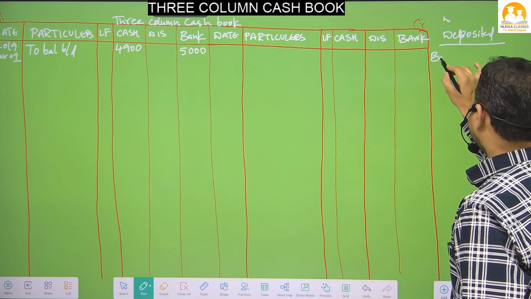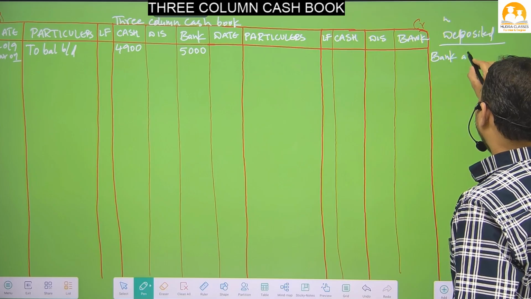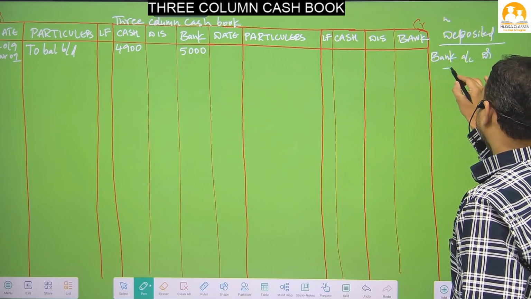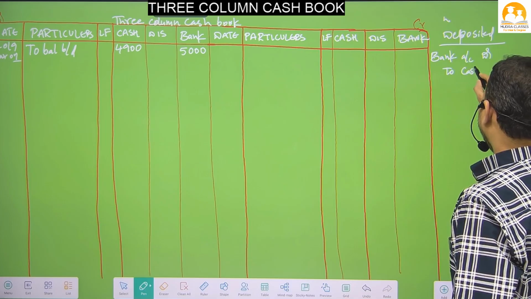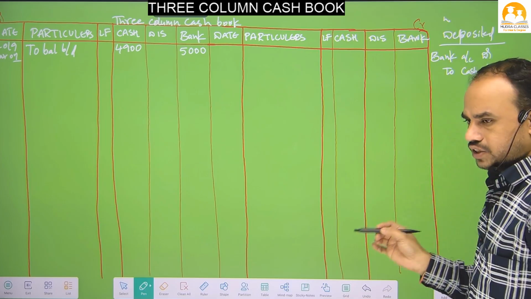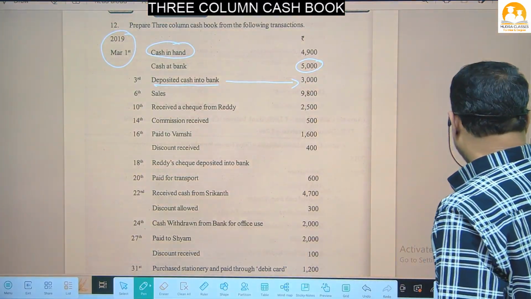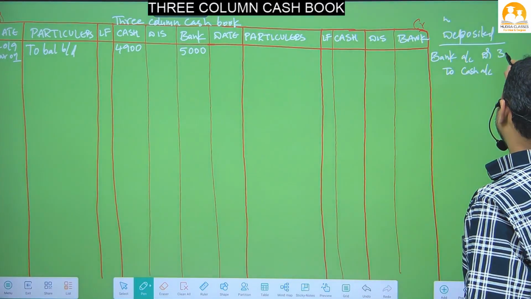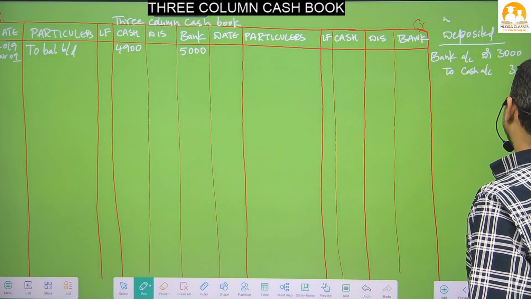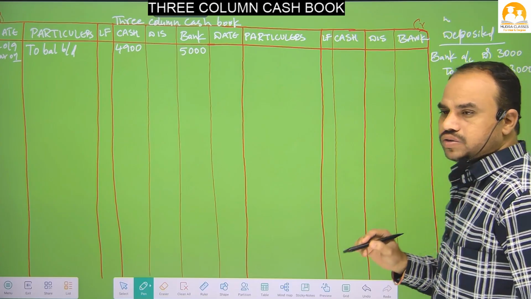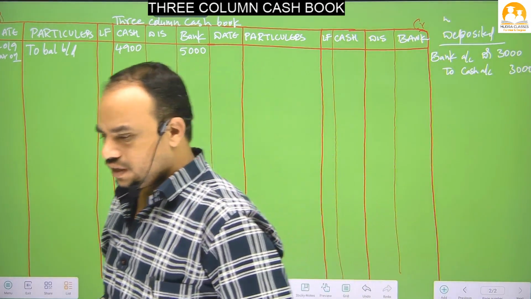Immediately we have to write the journal entry: bank account debit to cash account. This is the journal entry when cash is deposited into bank. How much cash did we deposit here? 3,000. So debit side 3,000 and credit side 3,000. Like this we have to write the journal entries.